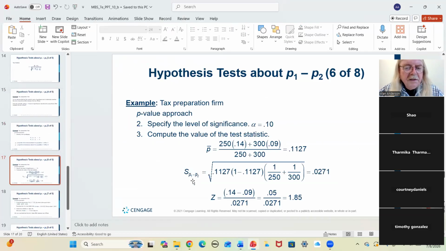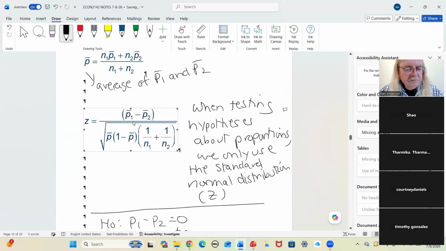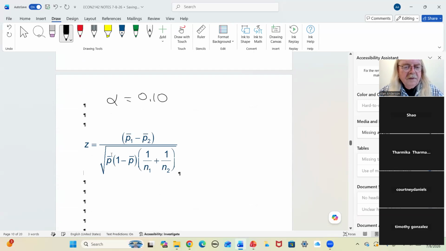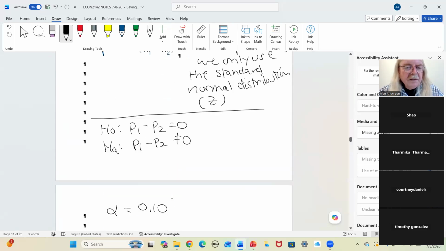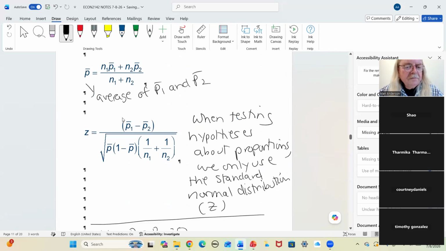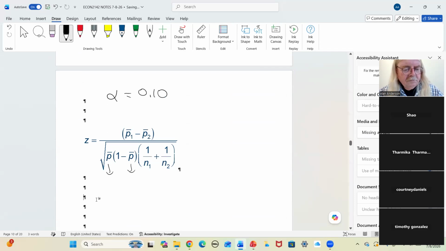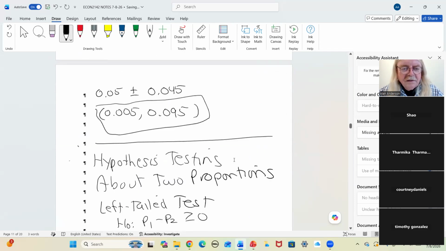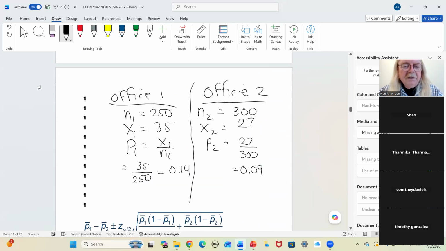Oh, look at this mess. Now, if you notice, this P bar does show up in the formula. So we're going to use it right now. Let's do that first. But let's also go remind ourselves what the numbers look like. Here we go.